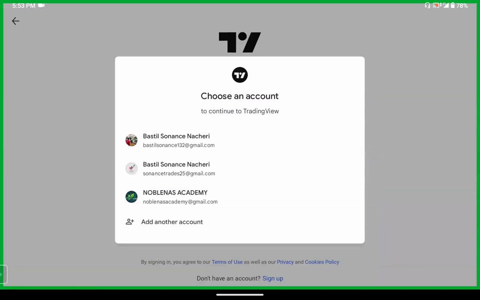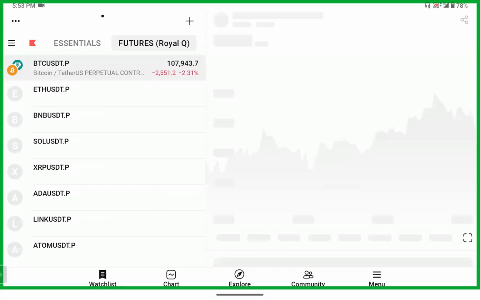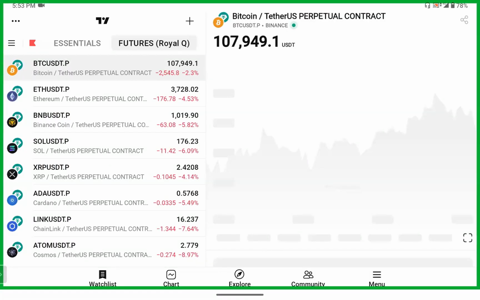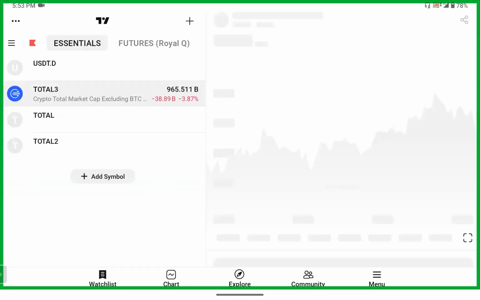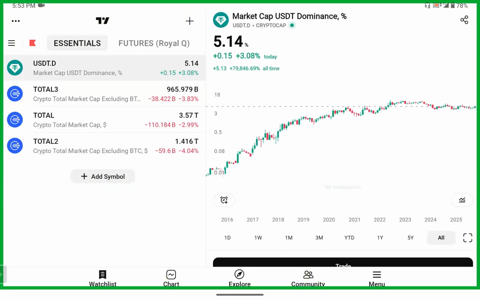So I have here my 3 accounts. This is one of my accounts. This one specifically I created for crypto. I like separating crypto from forex because it is very hard to keep the same issues on one account.